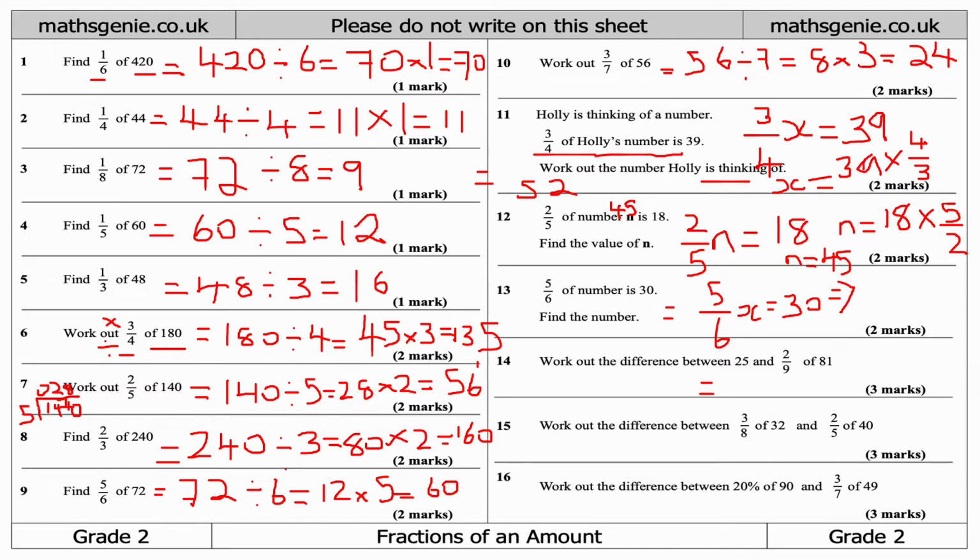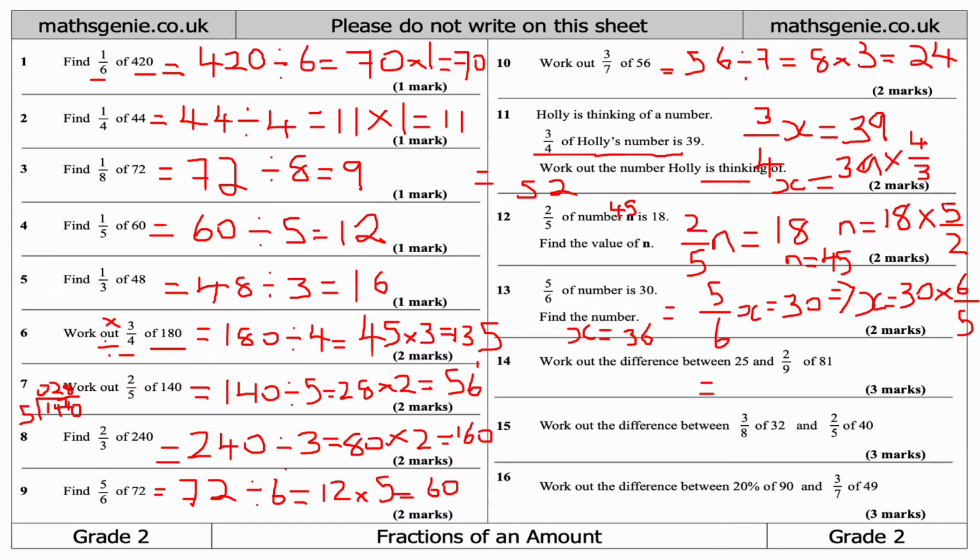Dividing both sides by 5/6, I get x is equal to 30 times 6/5. So I'm doing 30 divided by 5, which is 6, and then times by 6, which is going to be 36.